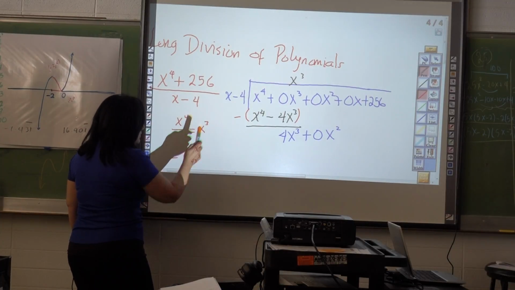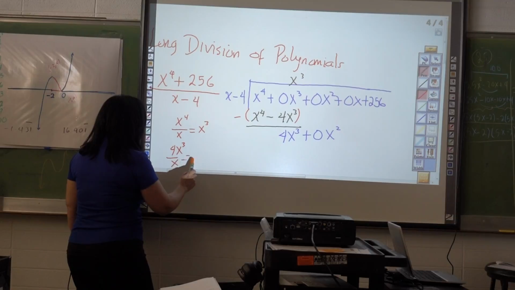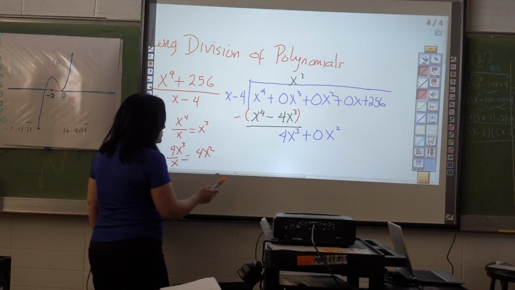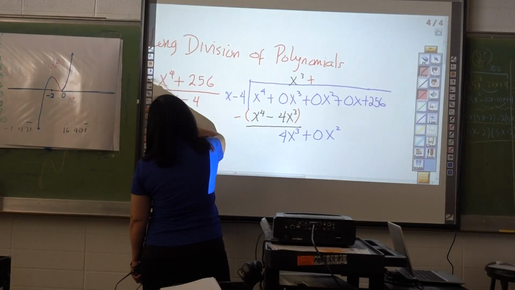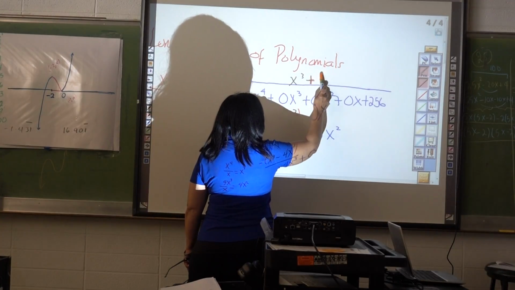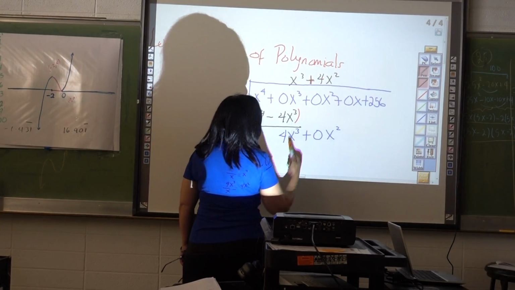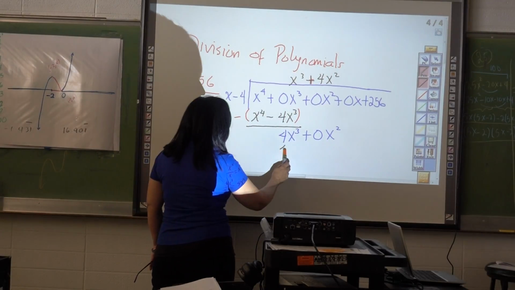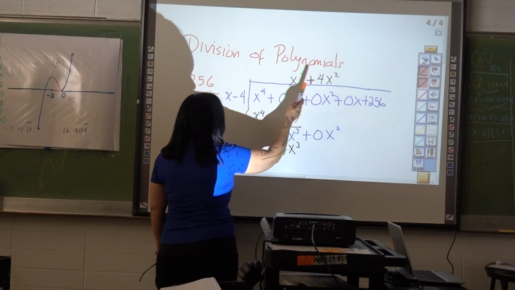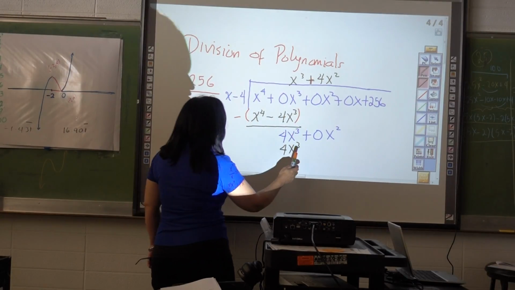divided by x. We have 4x squared. So, plus 4x squared. Then 4x squared times x is 4x cubed. 4x squared times negative 4 is negative 16x squared.